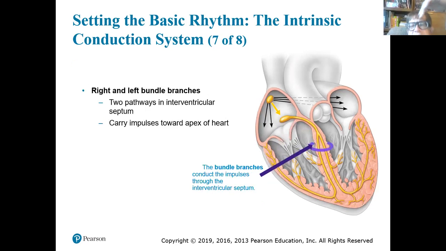Once you get further down the interventricular septa, you're going to divide into left and right bundle branches. Those two bundle branches will carry the signal towards the apex of the heart. Send the signal down.